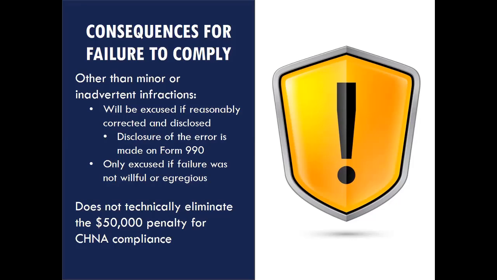So I do think that they are going to continue to look at, well, I don't know if you had it on your website. We went on your website, we couldn't find it, or we could only find one report. Therefore, we're finding that you weren't in compliance with the rules, and we're going to assess the $50,000 penalty.